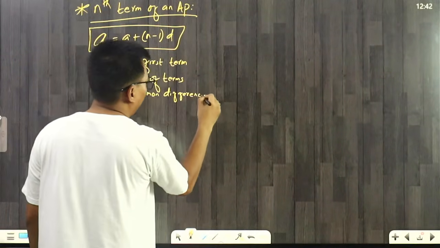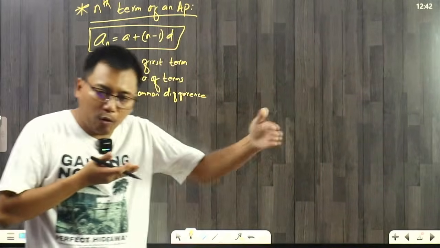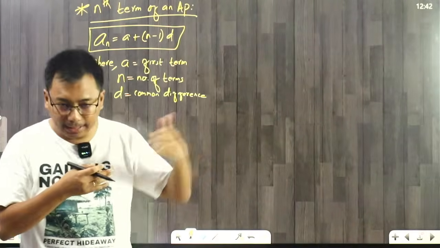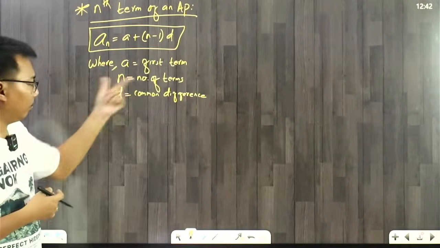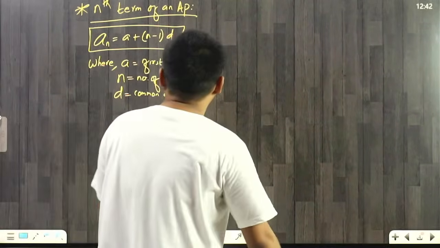N is the number of terms, which means how many numbers we have in our given list or series, and D, as we know, is called the common difference.